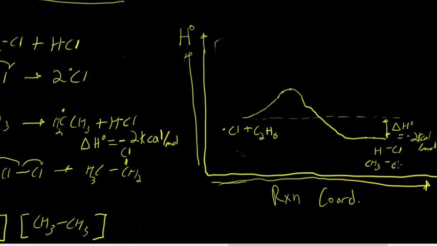CH2, and I'll draw a dot right there. So the transition state is going to involve a partial breaking of one of the CH bonds in ethane and a partial forming of this HCl bond. So it's going to look something like this here. So this bond is partially broken. This HCl bond is partially formed.